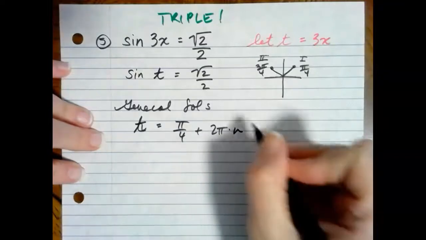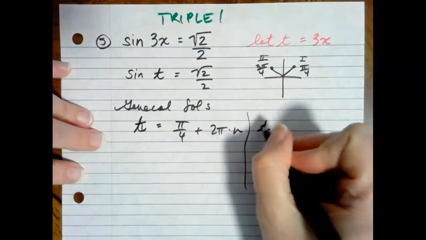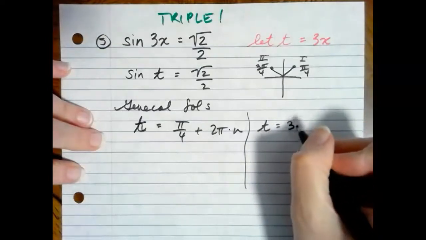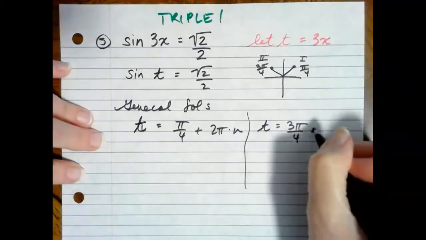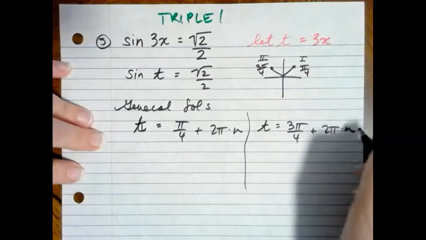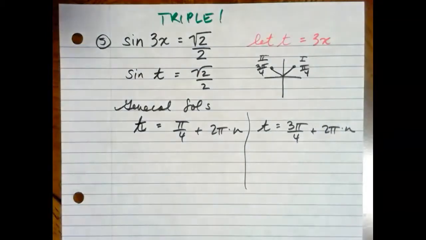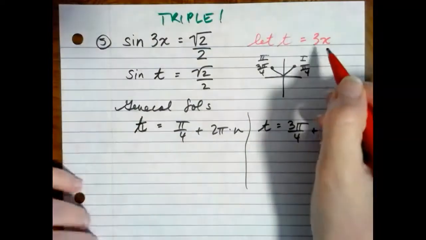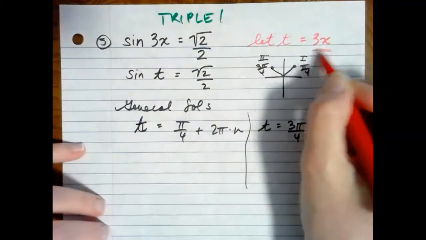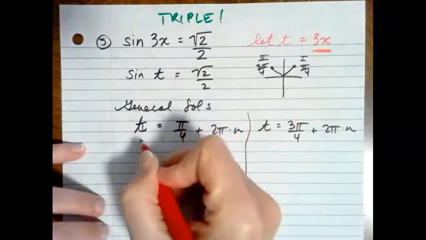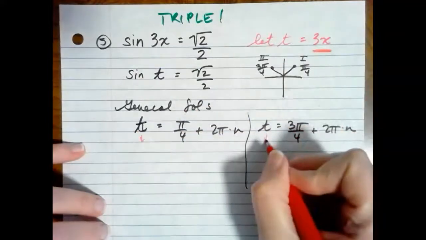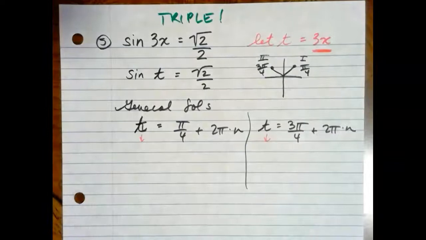t also equals 3 pi over 4 plus 2 pi times n. But once again, remember, we're not solving for t. We want to know x. So we're going to take our t value and plug it back in. t is equal to 3x.